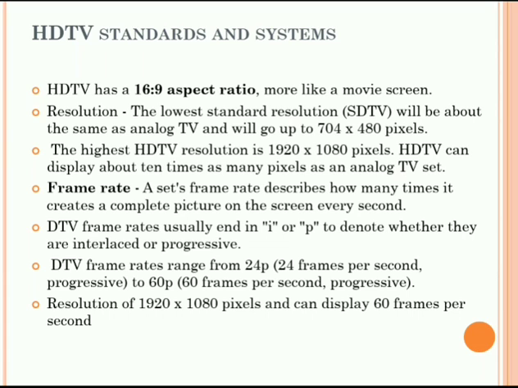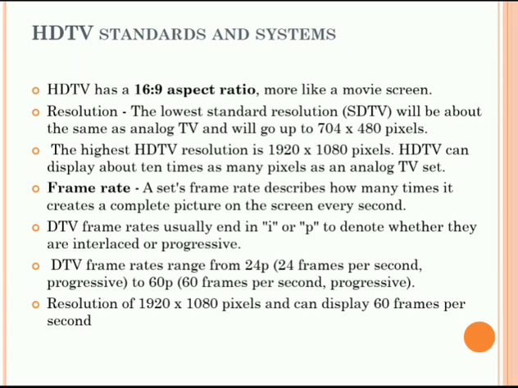DTV frame rates usually end in I or P to denote whether they are interlaced or progressive, where I means interlaced scanning and P means progressive scanning. These two are the formats for showing the frame rates related to DTV.